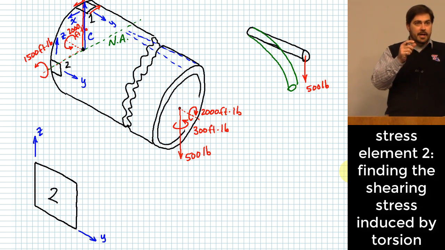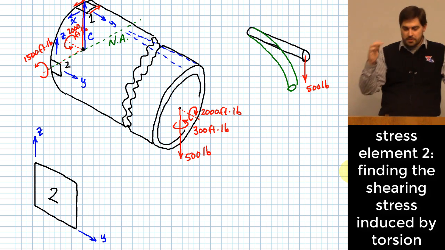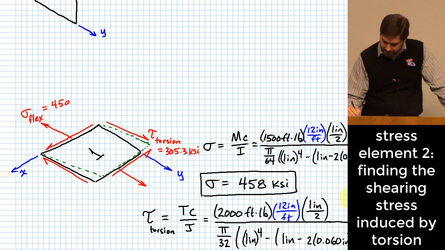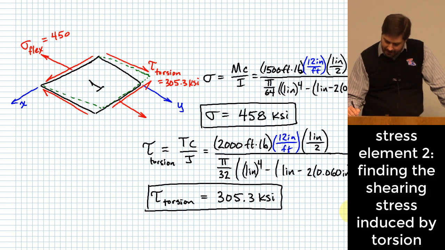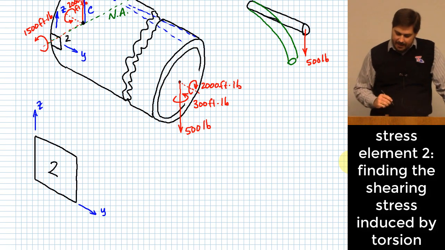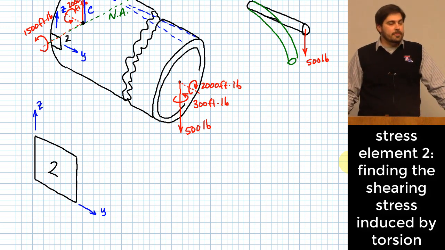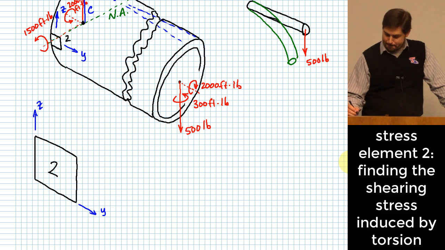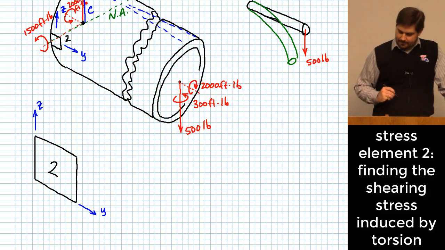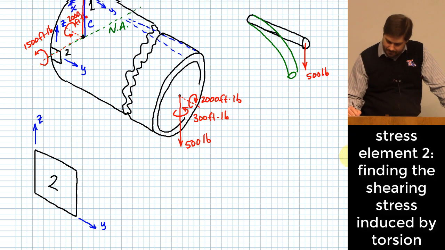That torsional stress exists uniformly around the entire perimeter of this round-shaped piece. So where I had that 305.3 KSI down here, I have that again for patch number 2. What direction should that be shown? Okay.